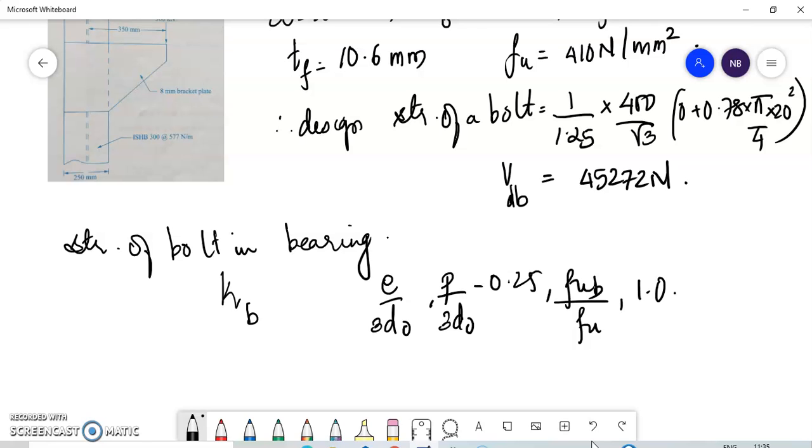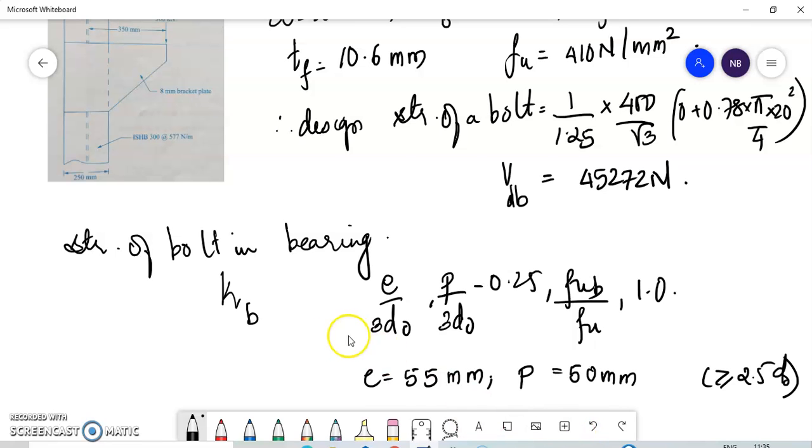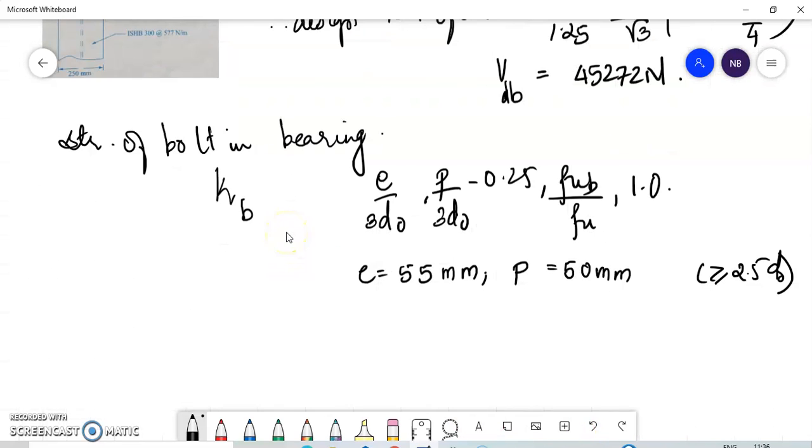Let us adopt two rows of bolting with edge distance of 55 mm. Okay, so this is an assumption that we need to make, and pitch of 50 mm. This is taking into consideration that it is greater than or equal to 2.5 times 22.